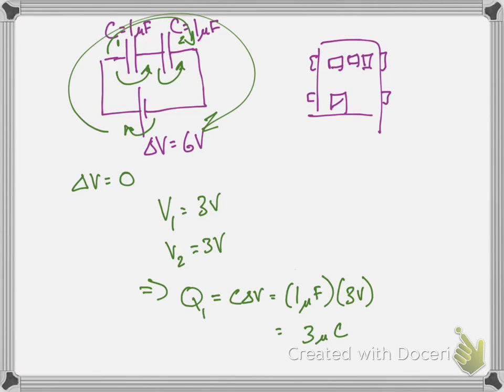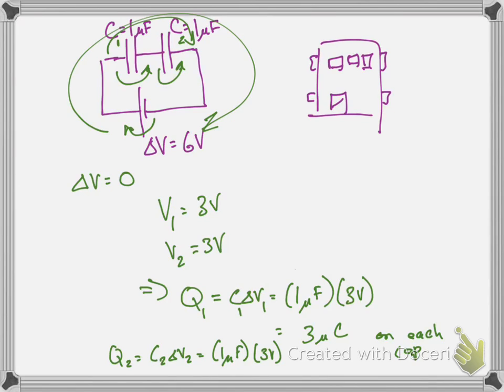So the charge on each is 3 microcoulombs because they're the same. Q2 is C2 delta V2, which is 1 microfarad times 3 volts, or 3 microcoulombs.